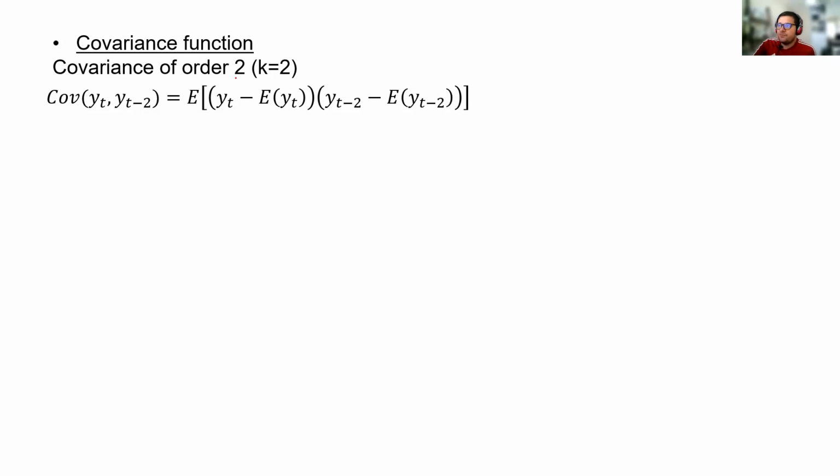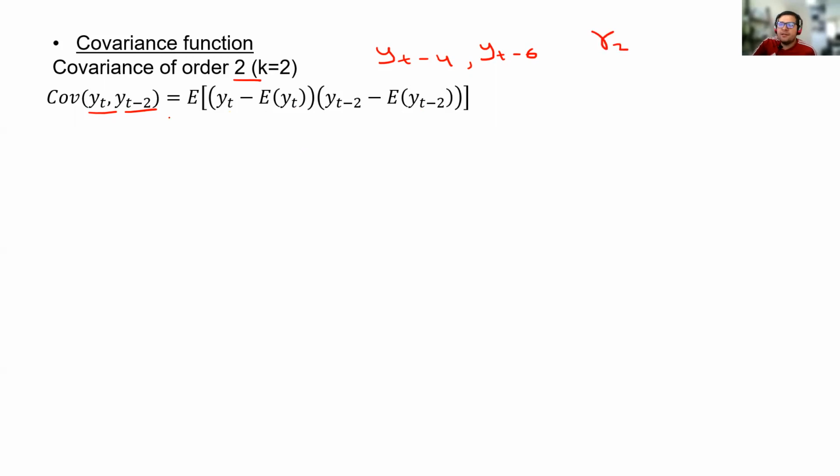So let's move forward to covariance of order 2. In this case, it is yt's that are 2 lags apart. In this case, yt and yt minus 2. But if you were to do it for yt minus 4 and yt minus 6, it will work just as fine, right? So it's a constant term that we call gamma 2.